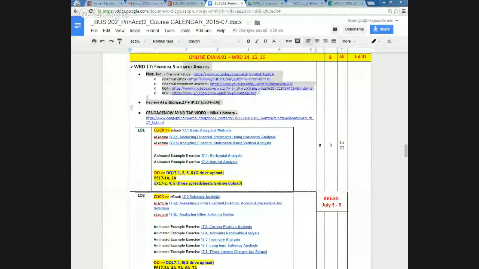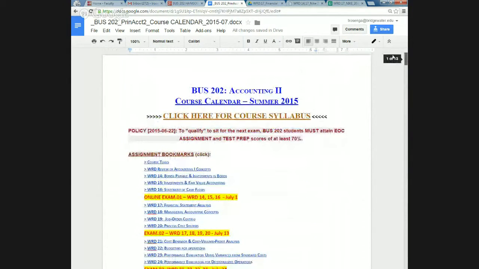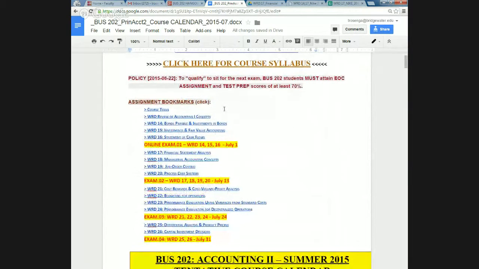There, you should see the course calendar on your screens. And the items for Chapter 17 are already posted. But what you will notice when you punch up the course calendar is that there are now some bookmarks that will allow you to navigate the calendar a little bit easier.